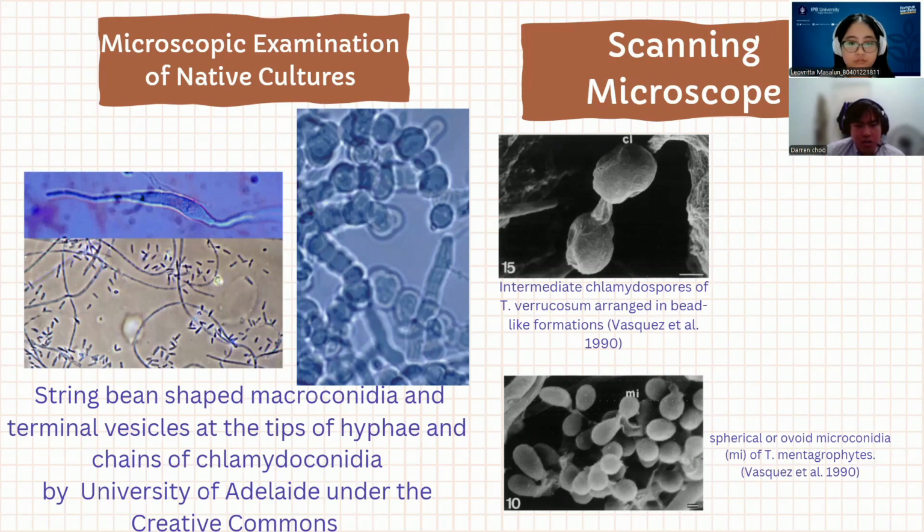The black and white picture is from a scanning electron microscope. As you can see, for Trichophyton verrucosum, there are intercalary chlamydospores arranged in a bead-like formation, and the bottom one is just a comparison. The bottom one shows spherical or ovoid microconidia from Trichophyton mentagrophytes.